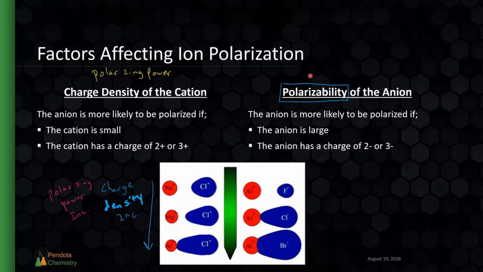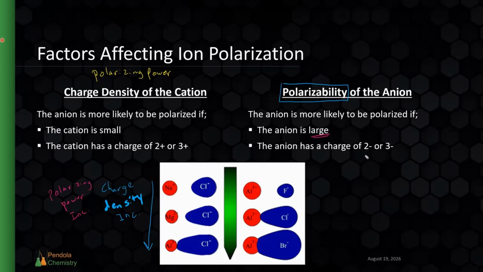On the anion side, what affects polarizability? Polarizability is affected by anything that will affect the number of electrons, or that is related to the number of electrons. Mainly two things. First and foremost is the size of the anion. The larger the anion, the more polarizable it's going to be.